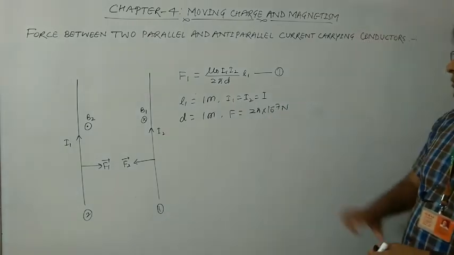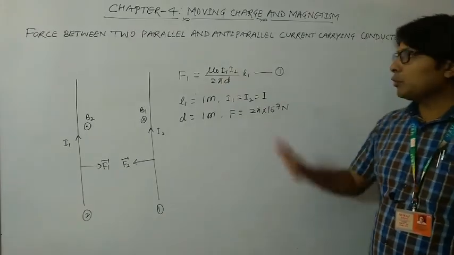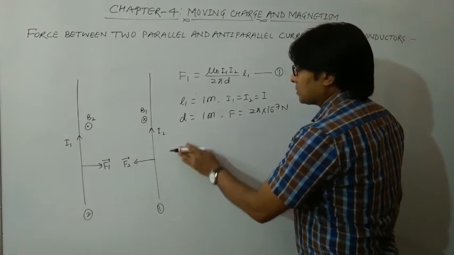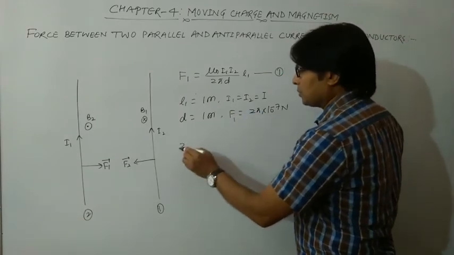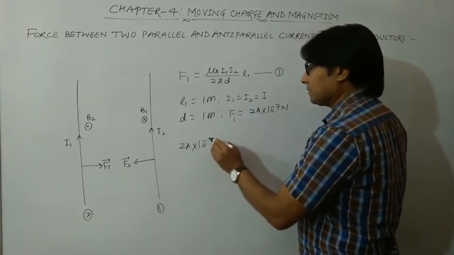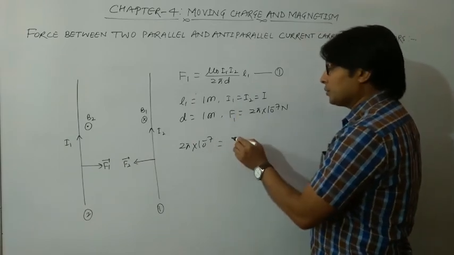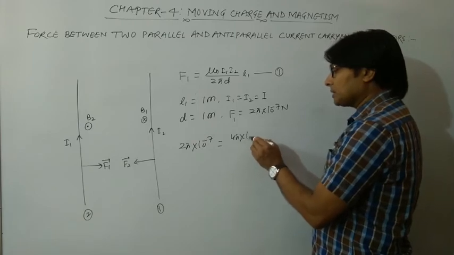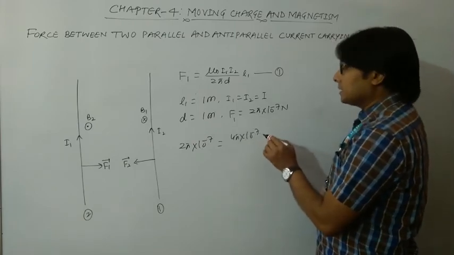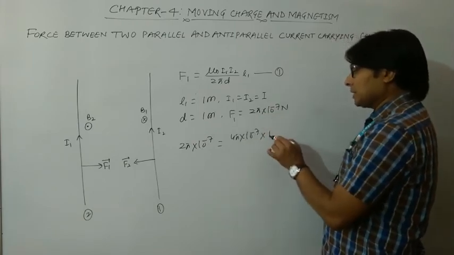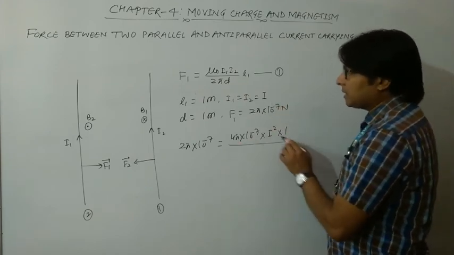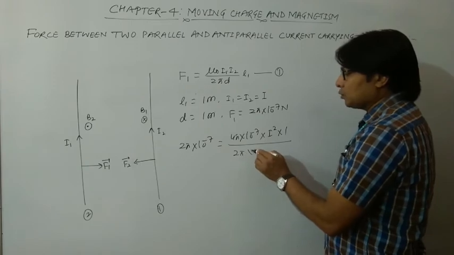Okay, so if I put these values in equation 1, then in place of F1 I put 2 into 10 minus 7, equal to mu 0, you all know the value is 4 pi into 10 minus 7, and I1 I2 is I square, and L1 is 1 meter, divided by 2 pi into 1 meter.